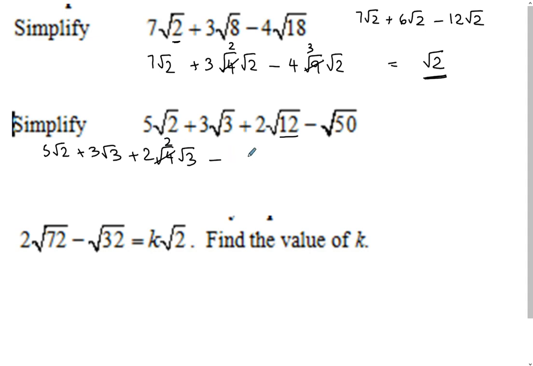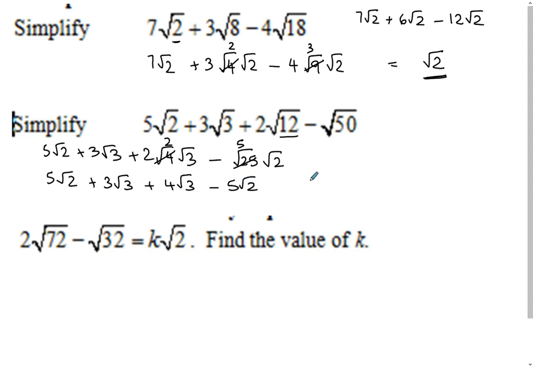And then you've got 50. And if you half it, it gives you a lovely square number. So 25 surd 2. So that gives you 5. Okay, so you've got 5 surd 2 plus 3 surd 3's plus 4 surd 3 minus 5 surd 2.